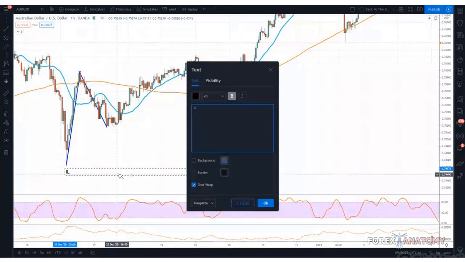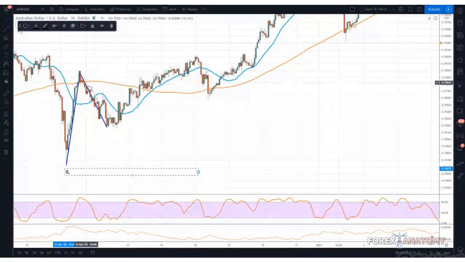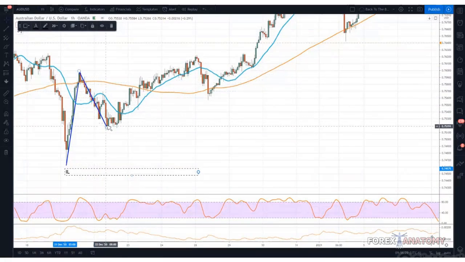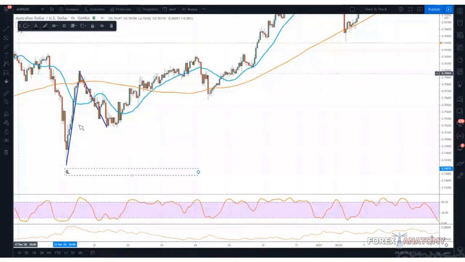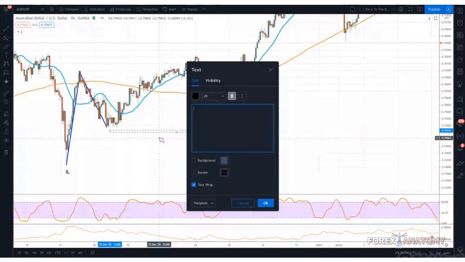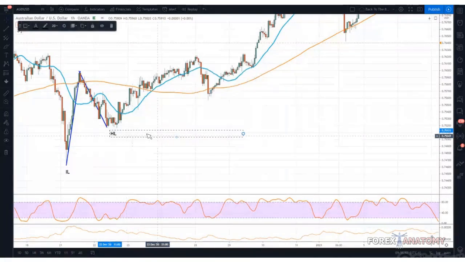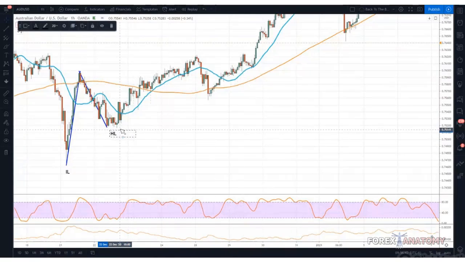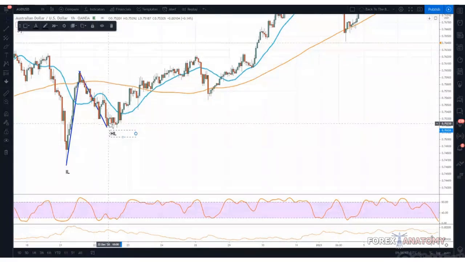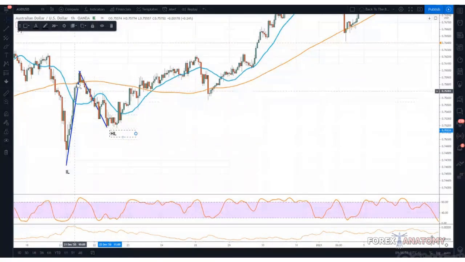Price pulls back and it forms a higher low right there, right? And the reason why we know it's a higher low is because this low right here is higher than this initial low. This is where the impulse leg began.